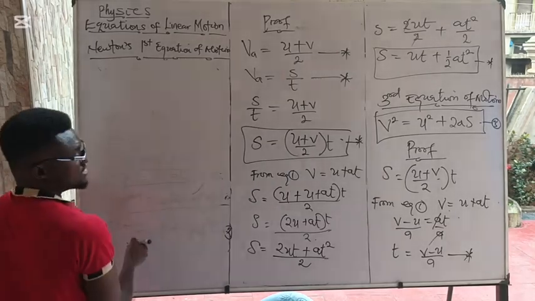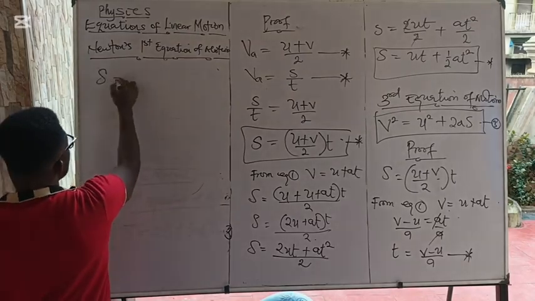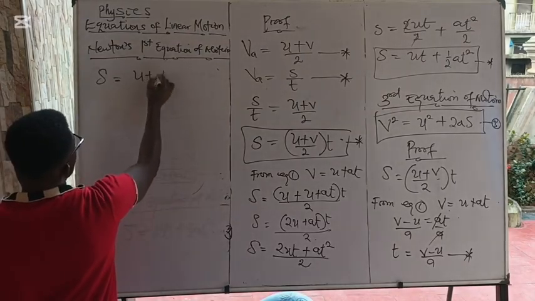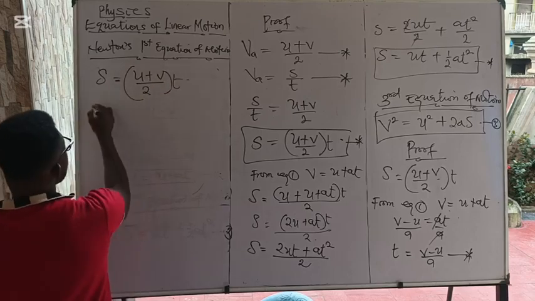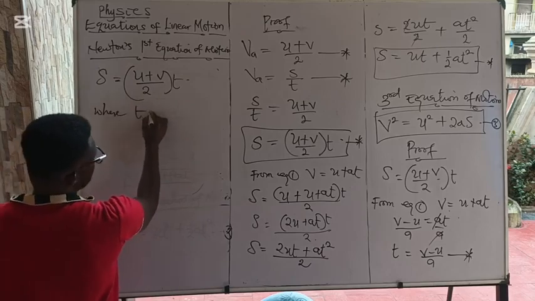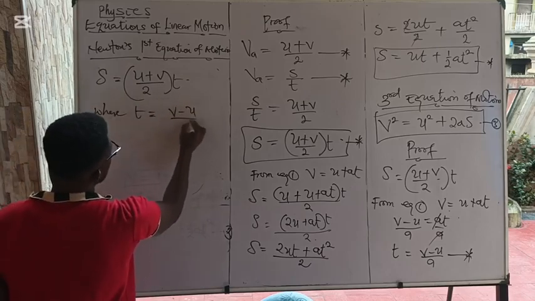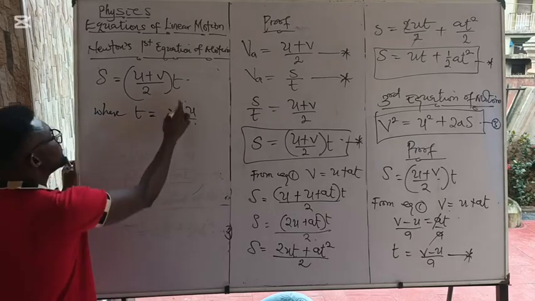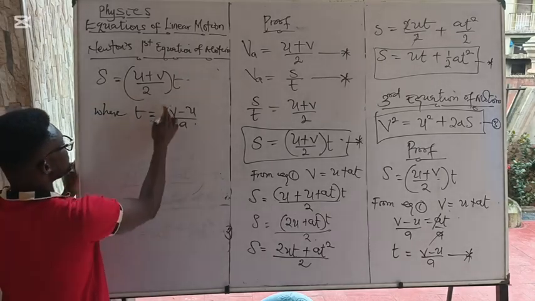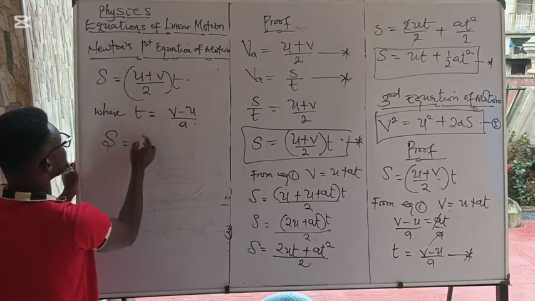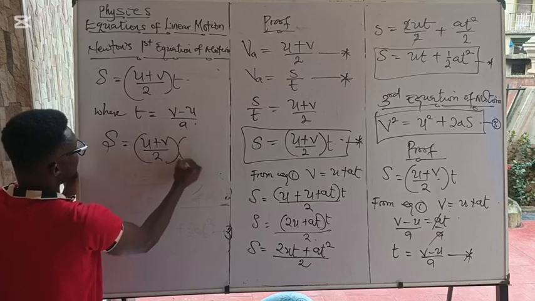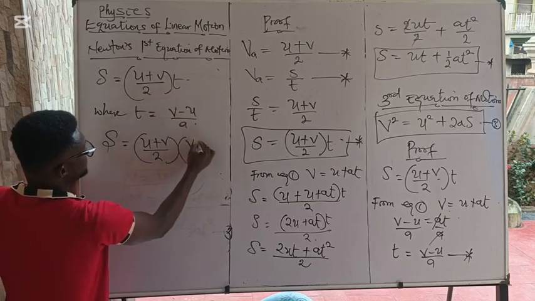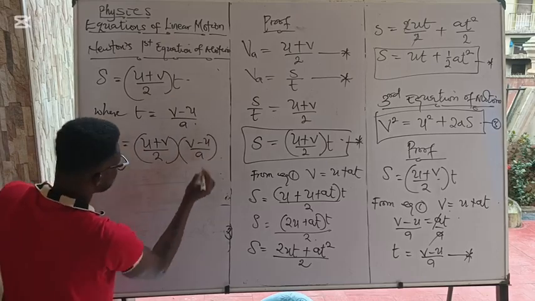So at this point, we have s equal to (u plus v) over 2 times t, where t equal to (v minus u) over a. Now, if we substitute this very t, we have s equal to (u plus v) over 2 times t, and our t now is (v minus u) over a.